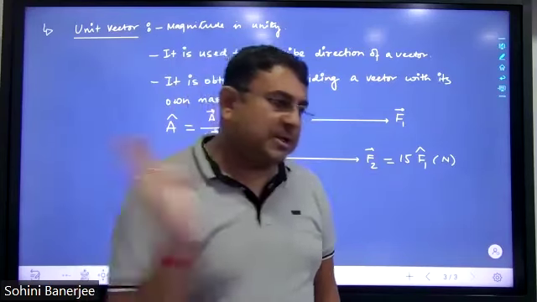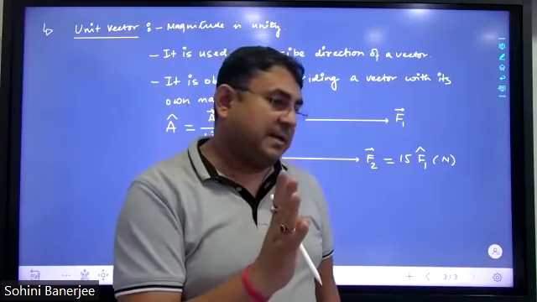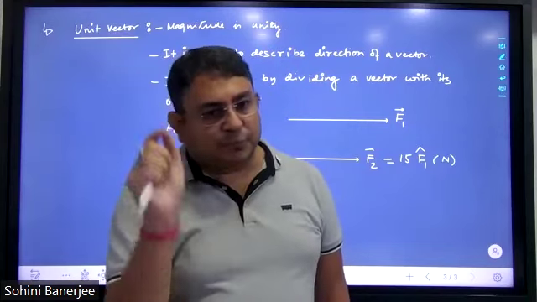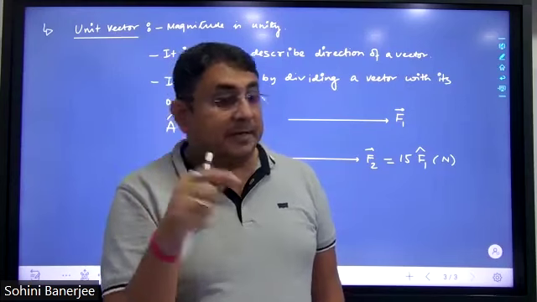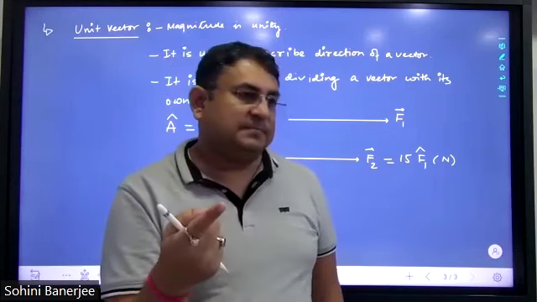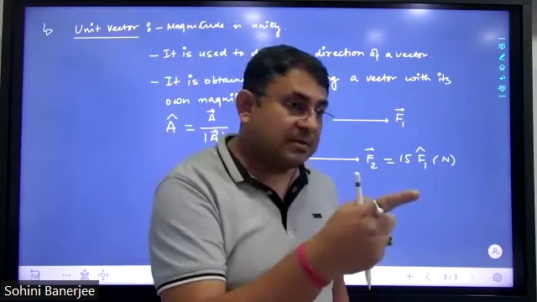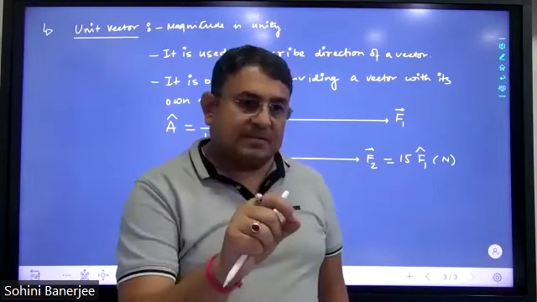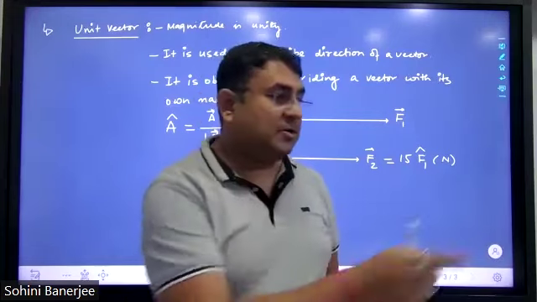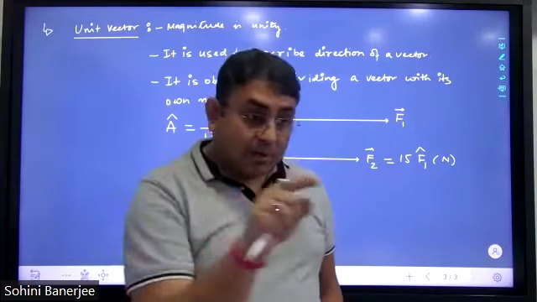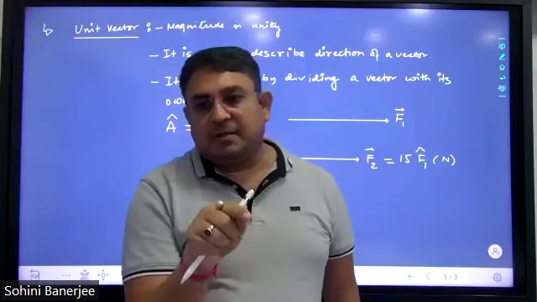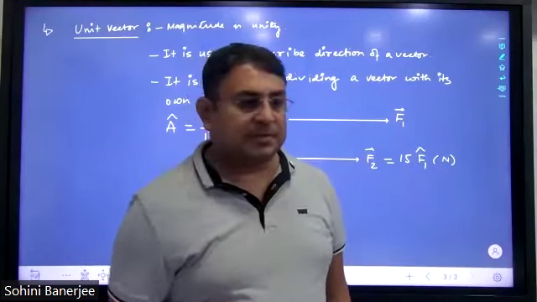Your friend pushes you from back in the same direction with 15 Newton force. So 15 Newton is the force applied by your friend. And regarding the direction of that force along your motion, so you write v cap. That indicates the direction of force is along your motion. That along your motion, that language is mathematically represented by the unit vector for your velocity.